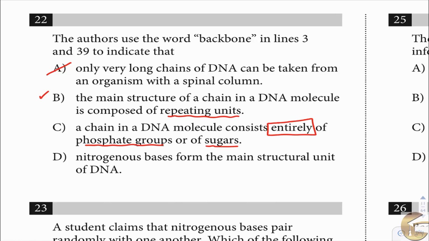Even though that's what they mentioned, it doesn't mean there couldn't be an exception somewhere down the line, which C is saying there can't be. D says nitrogenous bases form the main structural unit of DNA. And again, the passage is more about the repeating pattern of phosphates and sugars, which is not what D is saying. So the best answer is going to be B for number 22.